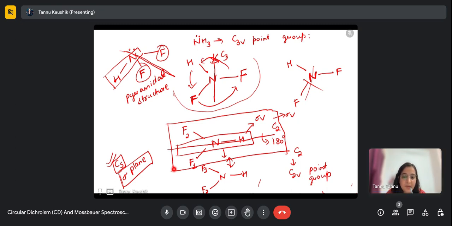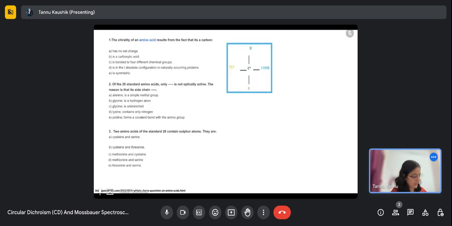But why are rotations not possible here, ma'am? See, the rotations which will be present in this molecule basically. Let me add the slide.